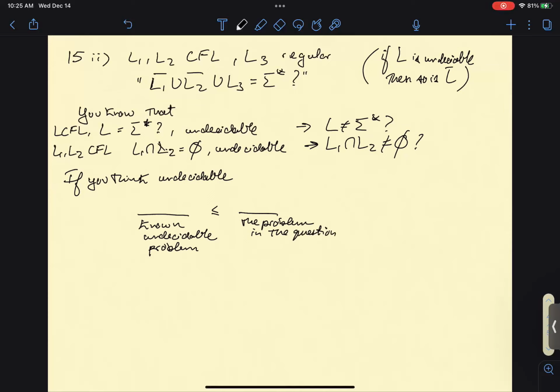Okay, that's what you want to do, right? If you think it's undecidable. I'm not saying it is, but well, let's find out.